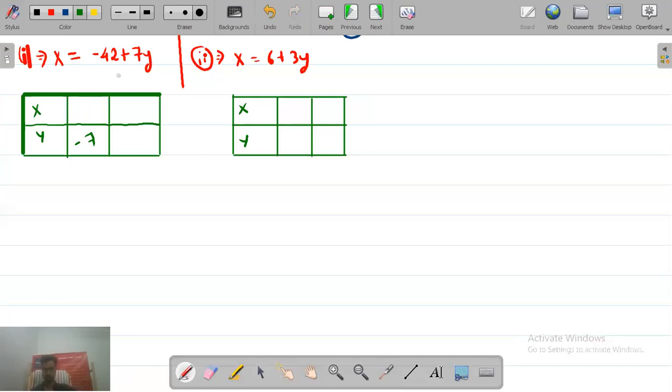Okay, then it will be a bit complicated. Okay, let me put y equal to 5.